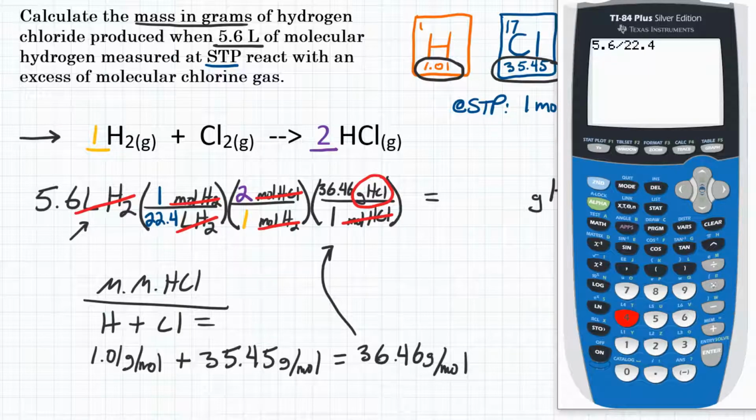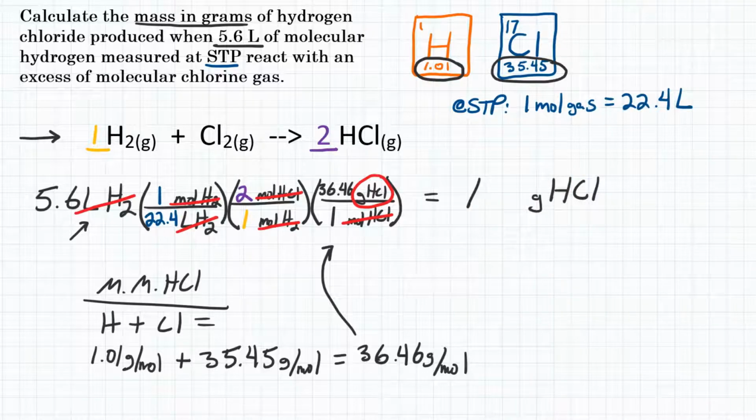We're going to multiply by 2, multiply by 36.46, hit equals, and we get 18.23. Let's round that to two significant figures, and we'll get 18.